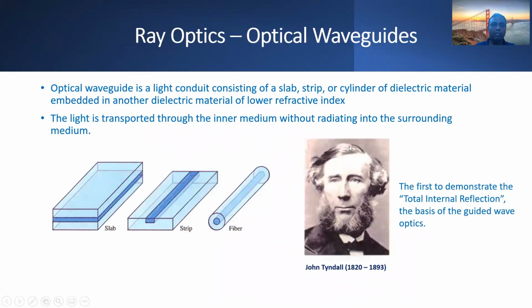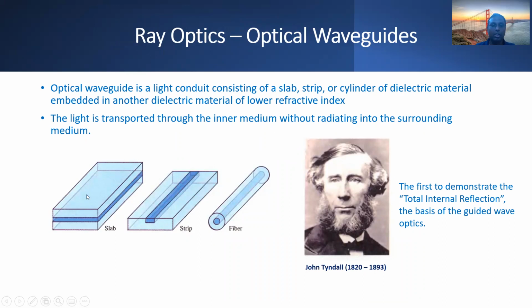Optical waveguide. An optical waveguide is a light conduit consisting of a slab, strip, or cylinder of dielectric material embedded in another dielectric material of lower refractive index. The light is transported through the inner medium without radiating into the surrounding medium.